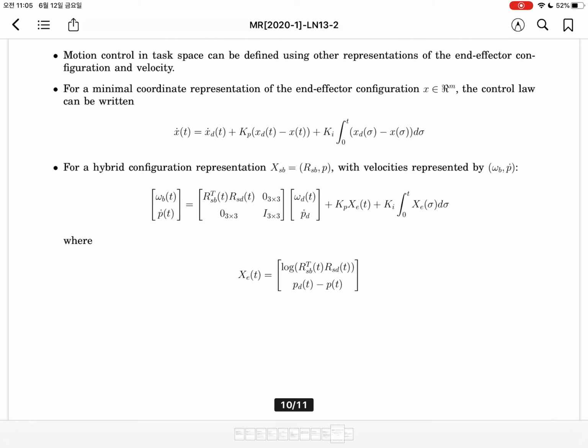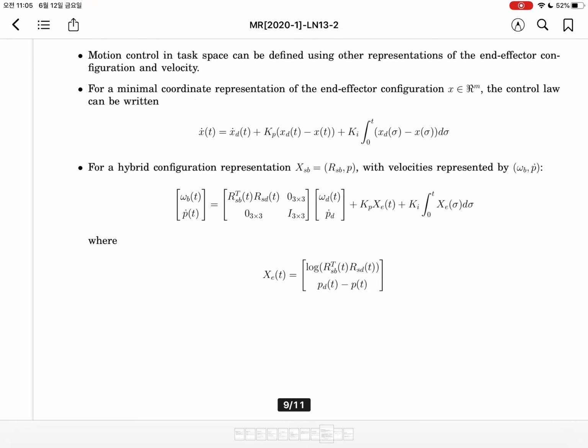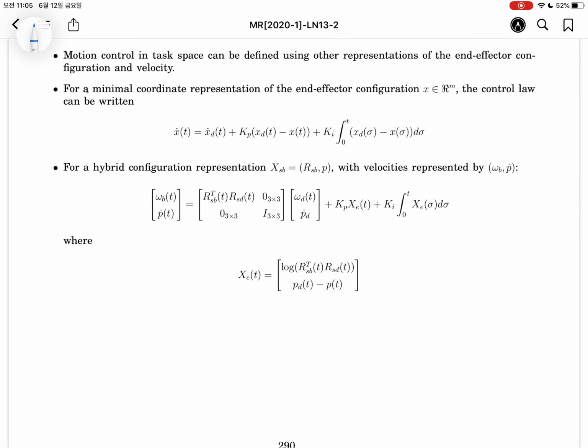Motion control in task space can be defined using other two representations of end effector configuration. If you have the minimal coordinates, such as px, py, and pz, and if you know the roll pitch yaw angle of the end effector, at that time we can collect the x using the roll pitch yaw angle and the position three-vector.